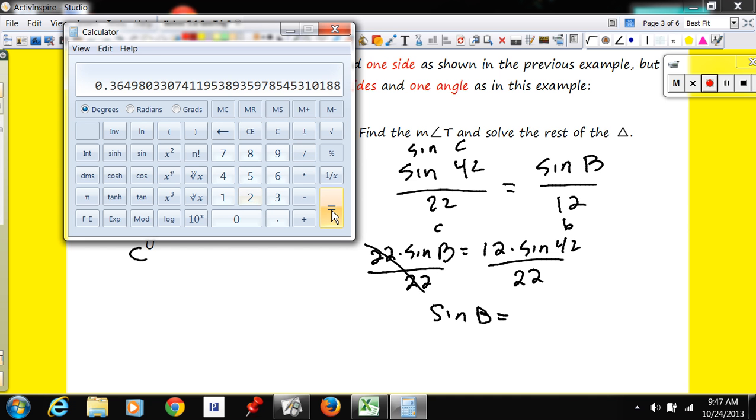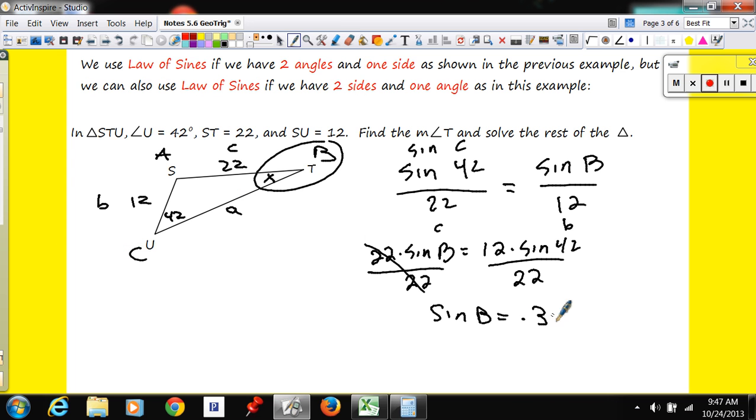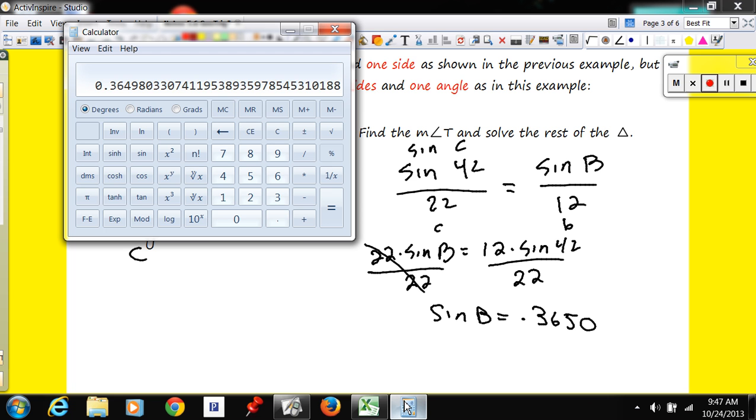You should get a decimal of 0.3650 when you round it off. You should use 4 decimal places when you're putting it into the sine. That'll give you a more accurate angle. So now I'm going to take my calculator and I'm going to put in the 0.3650, hit my inverse and my sine. And it's going to be a 21.4 degree angle.